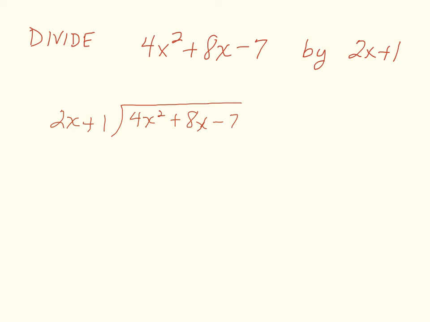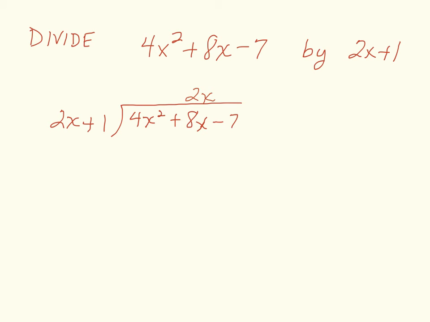So we're going to take the 2x here and divide it into the 4x squared there. So 2x divides into 4x squared 2x times.